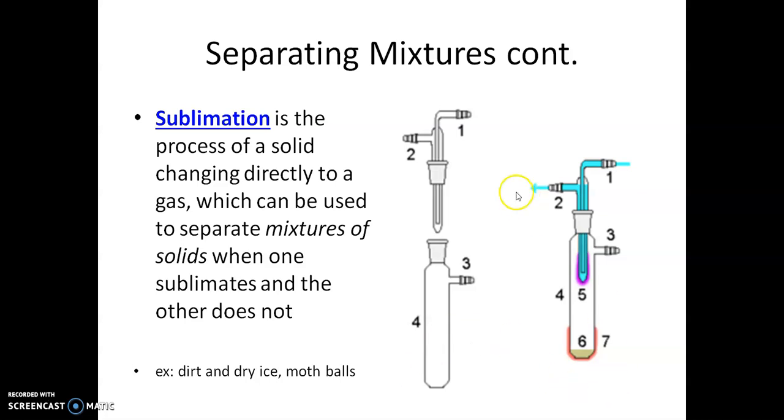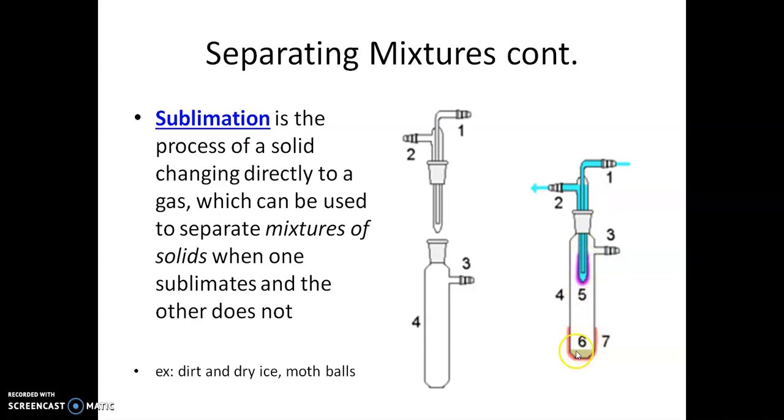So what they use is a cold finger. That's what this little apparatus is called. So what they do is they put the sample in the cold finger down where number 6 is, okay? And then they put water into number 1 and 2 so that this little piece of glass is really cold.